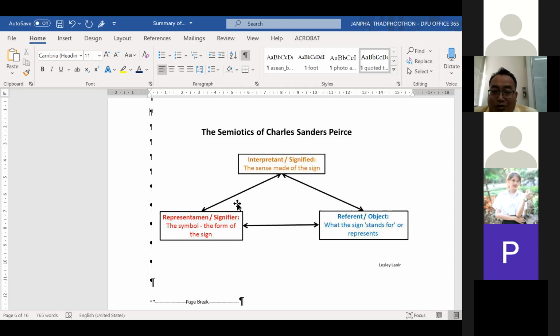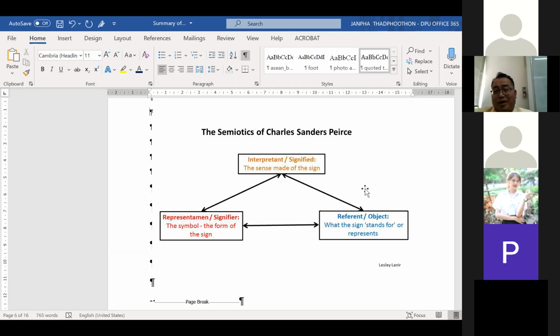Saussure said that there's nothing about the real object. But Peirce said that water is real. You know what I mean? So this is a bit philosophical, but we can discuss this later.